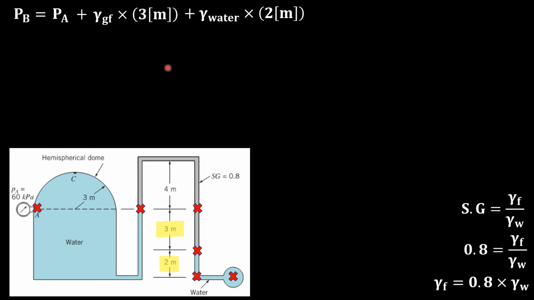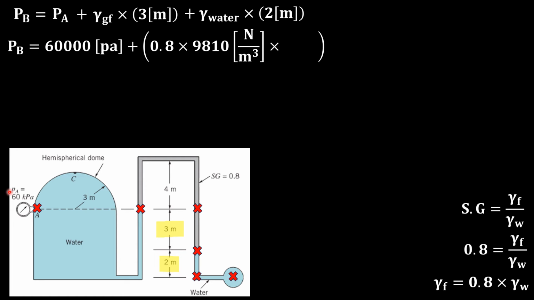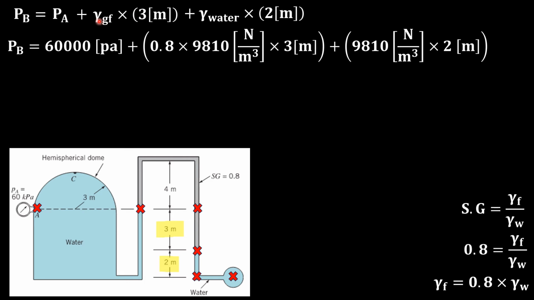So now let's plug in the values into this equation to find the pressure of the water in pipe B. So the pressure at A is given to us as 60,000 Pascal. The specific weight for the gauge fluid, we found it from this equation, which is 0.8. And the specific weight of water, you can either find it from a table or you can conclude it that specific weight is gravity times density.